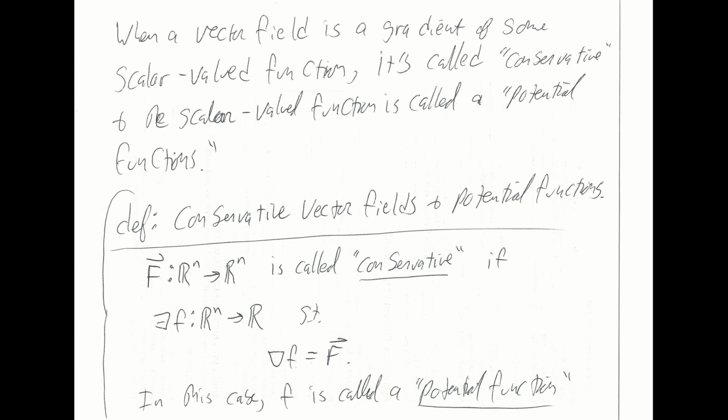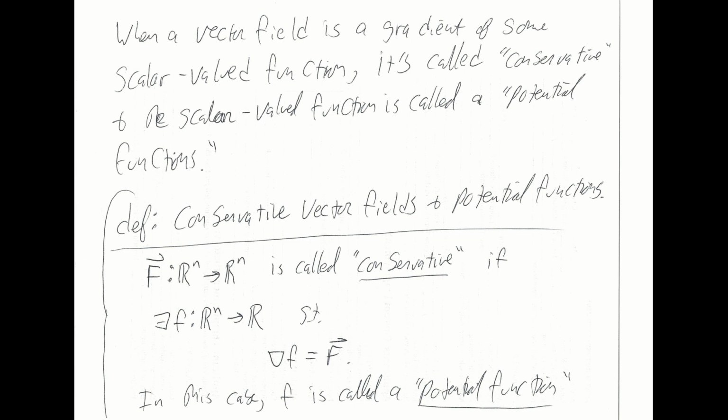Whenever a vector field, so we're going to learn that not all vector fields are the gradient of some function. When you have a scalar valued function and you take its gradient, you do generate vector fields. And there's a whole class of vector fields which are the gradient of something. And we are going to call those vector fields conservative vector fields. Not every vector field is arrived at by taking a gradient of some function.